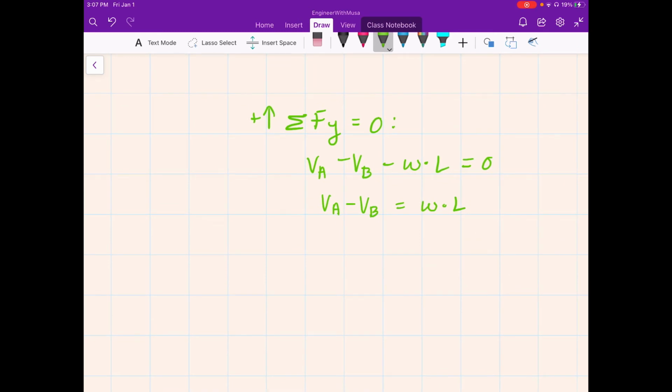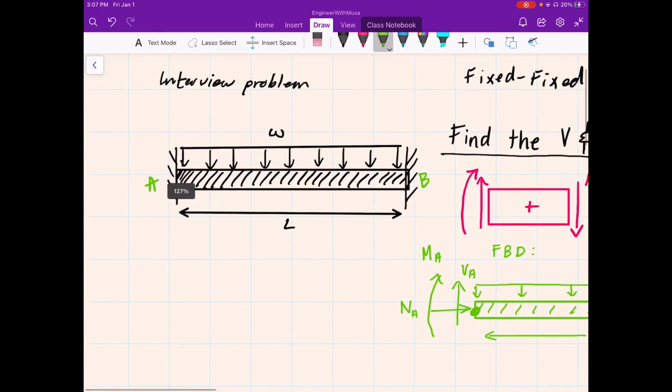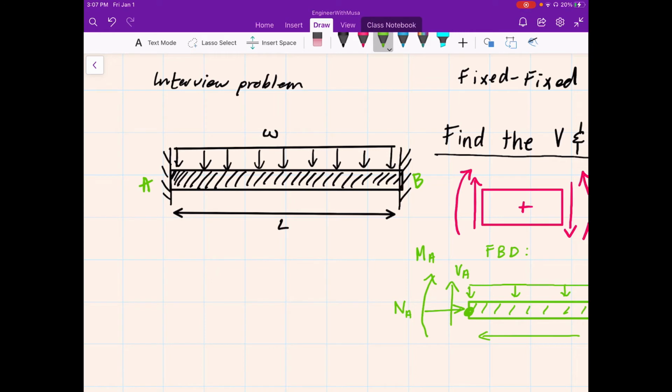We need to note here that VA and VB will be equal to each other due to the fact that the loading is symmetric over here. So we know that omega is a loading that is across the entire beam, and we can make the correct assumption that the loading at this side in the vertical direction will have to equal the loading at this side in the vertical direction in order to support this entire omega load.